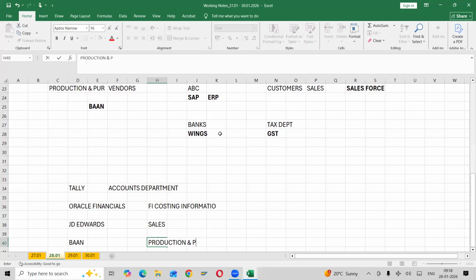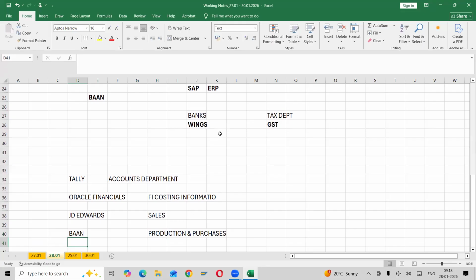So for other information, I need to use other softwares. So what do you mean by application? Application is nothing but a department or module, right?